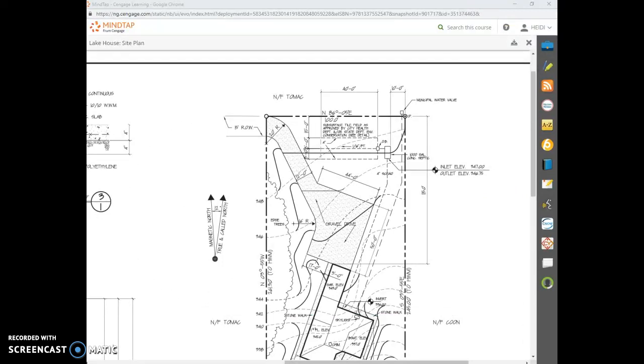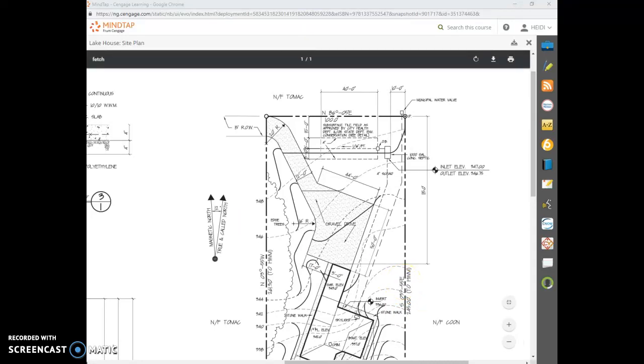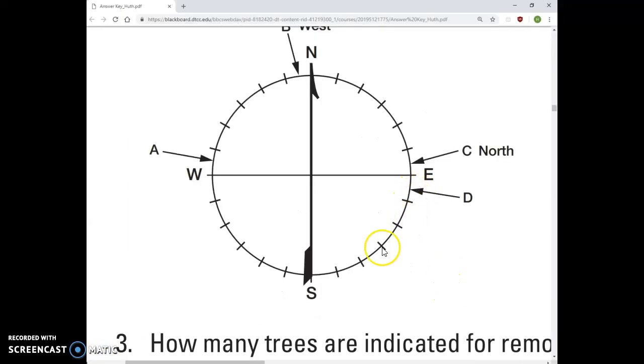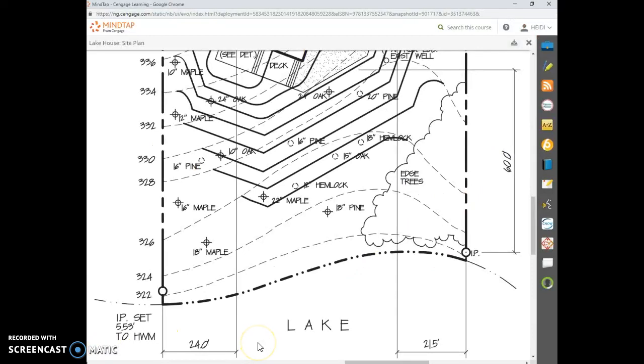It also asks which compass point corresponds with the east boundary. The east boundary is going south 3 degrees 55 minutes east, so we're looking over here in this section, and the only one that would make sense would be D.